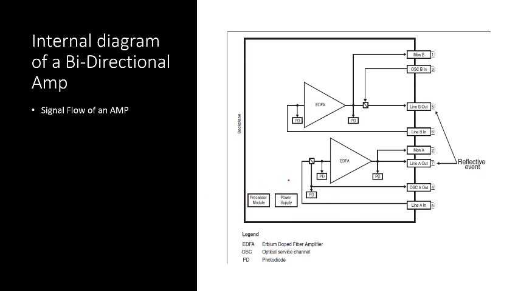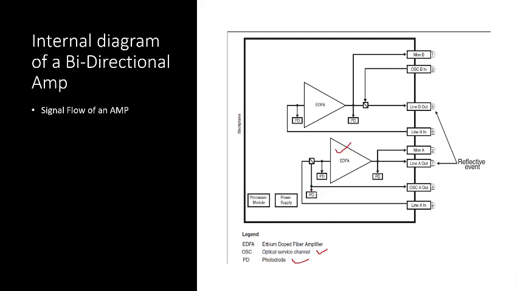Here you can see the components which are used. First is the erbium doped fiber amplifier, which is this one, and our OSC channels we are going to introduce with the help of this card, and the third one is photo detectors. So these are the hardware components which are used in this card.